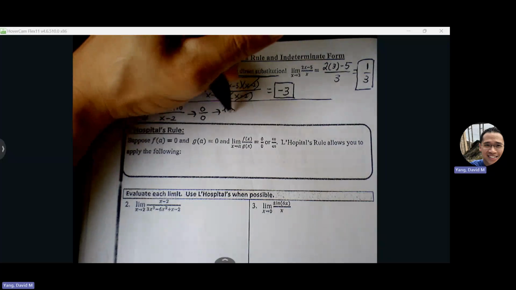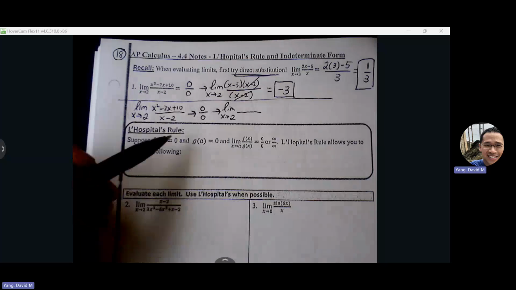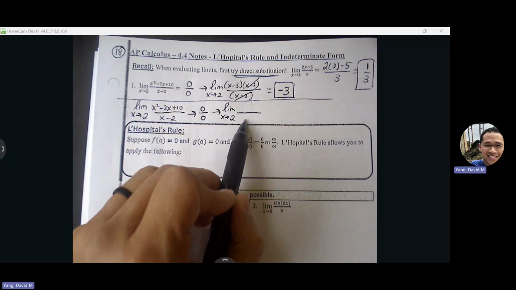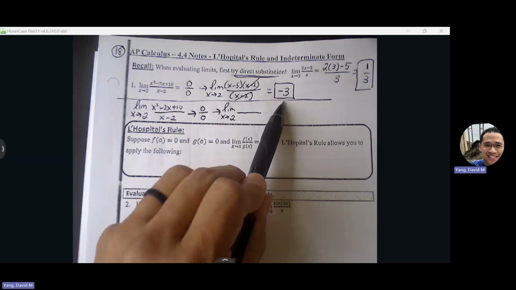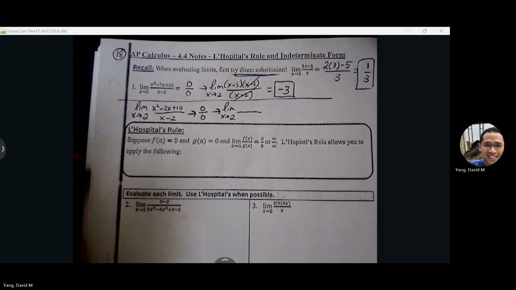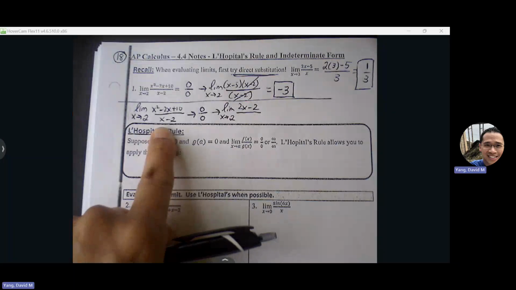So L'Hopital's rule says this. It says that I can take the derivative of the numerator and the denominator separately, and that will give me a new expression. And if I reevaluate the new expression, it should take me to the limit. So what's the derivative of the numerator? Denominator? It's 2x minus 7.